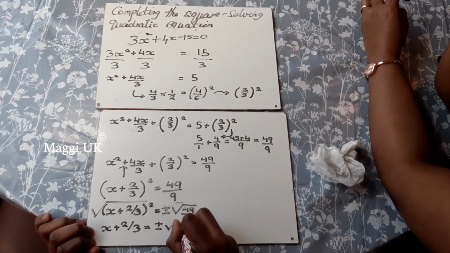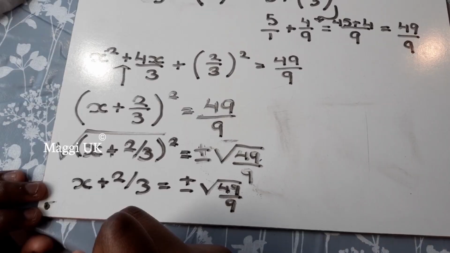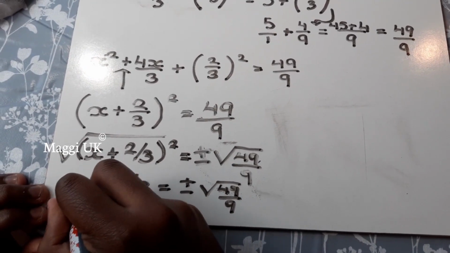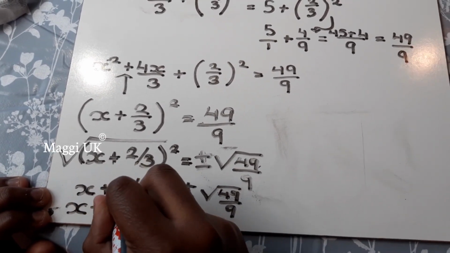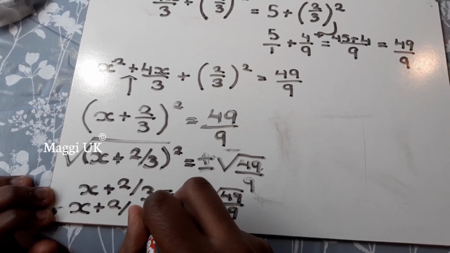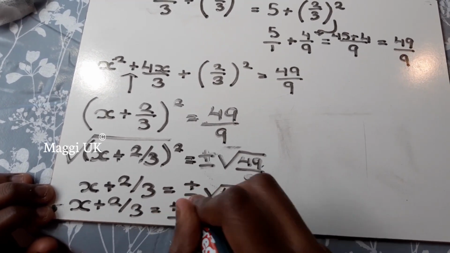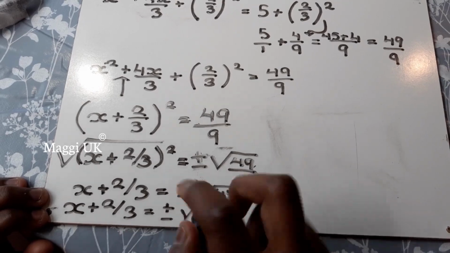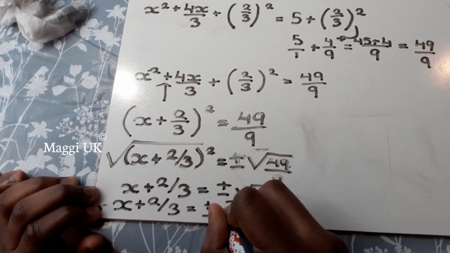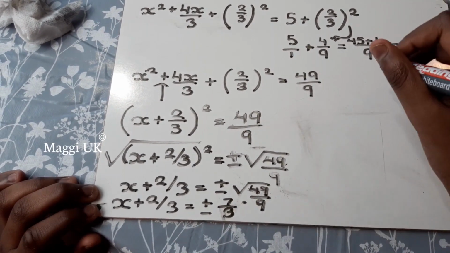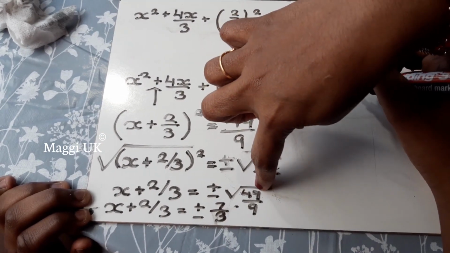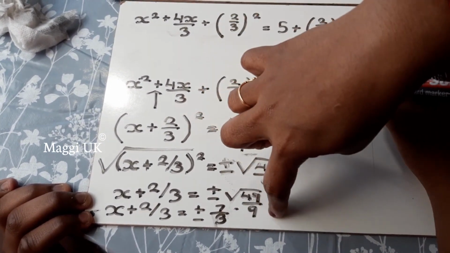So you can now do 49 over 9. So now he is going to do the square root. Use 7 over the 3, because the square root of 49 is 7 and the square root of 9 is 3.